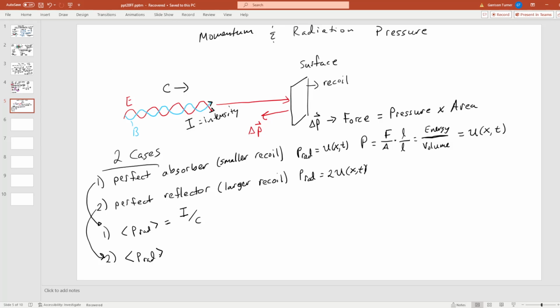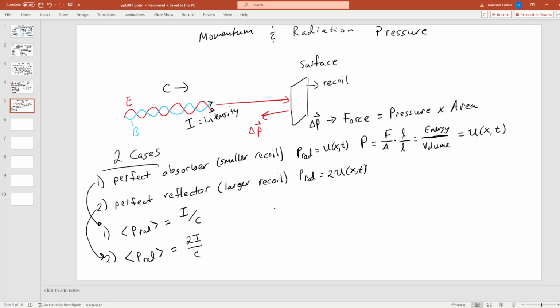So the radiation pressure in the perfect reflector case will be twice the intensity divided by the speed of light. And this comes from, once again, the time average calculation.